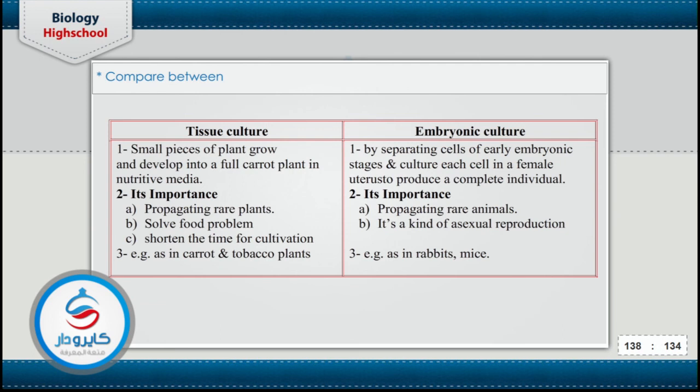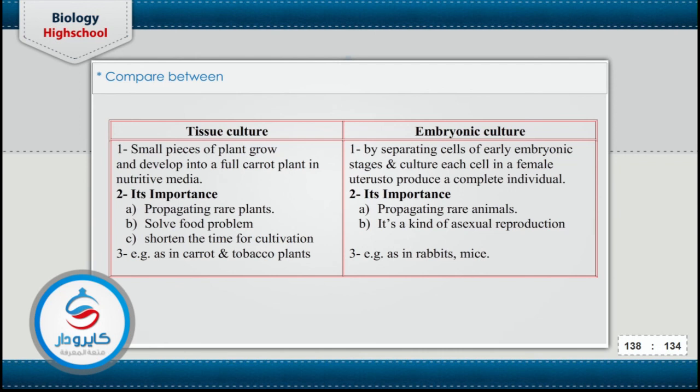So the importance of the tissue culture is the propagation of rare plants, solving the food problem because that increases the amount of the plants, and shortening the time of cultivation. But in the case of the embryo culture, that propagates rare animals, acting as a kind of asexual reproduction.